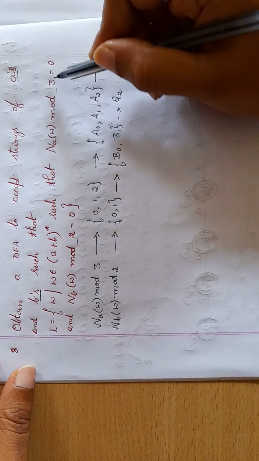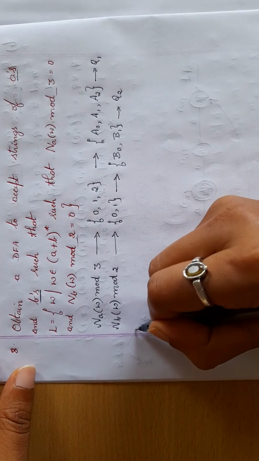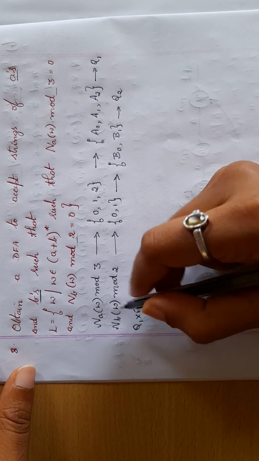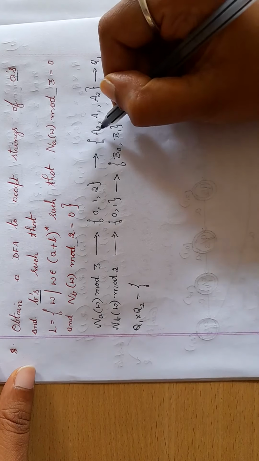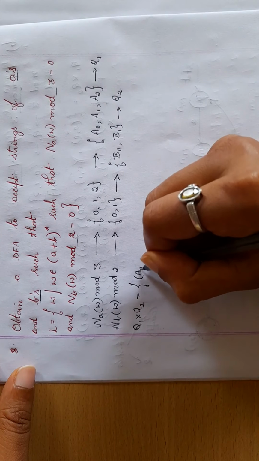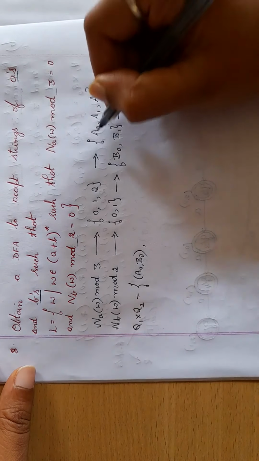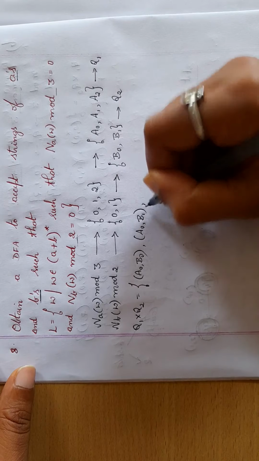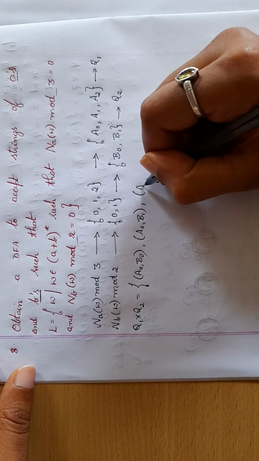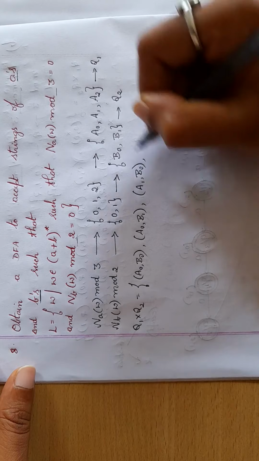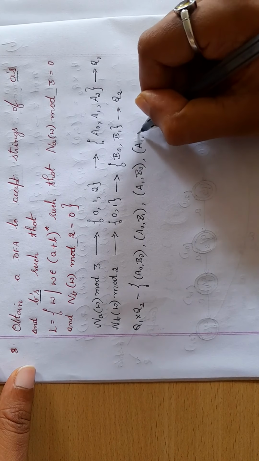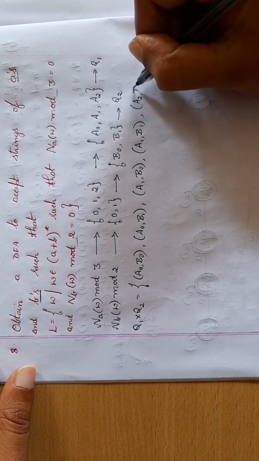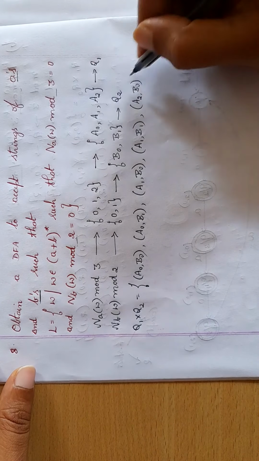So with respect to mod 3 and mod 2, which are the different combinations? Taking Q1 cross Q2, we get A0 B0, then A0 B1, A1 B0, A1 B1, A2 B0, and the last combination, A2 B1.